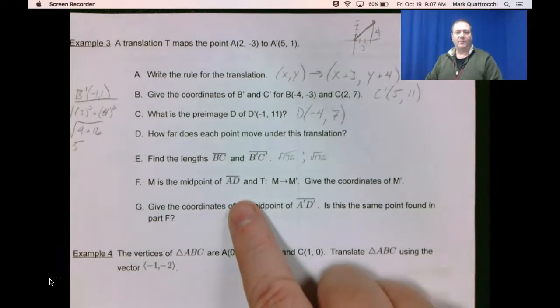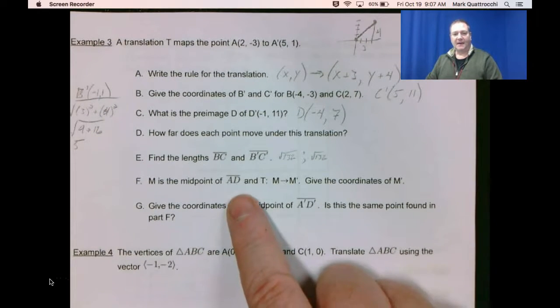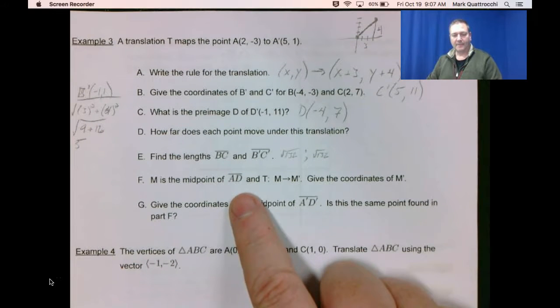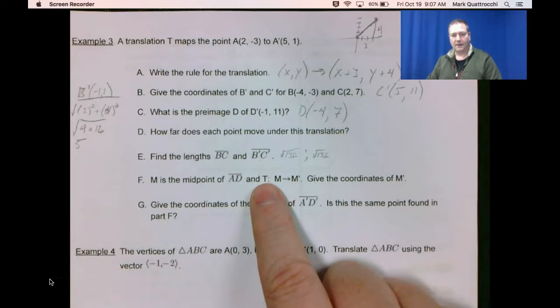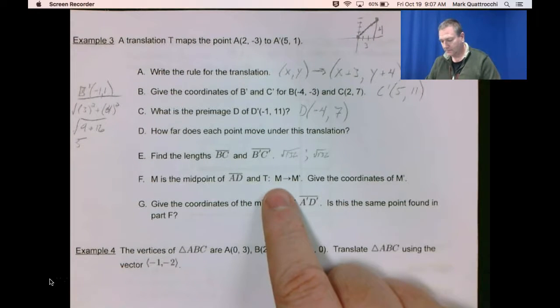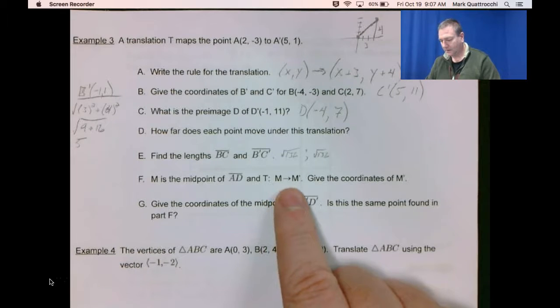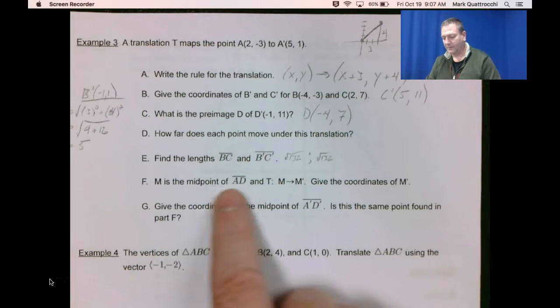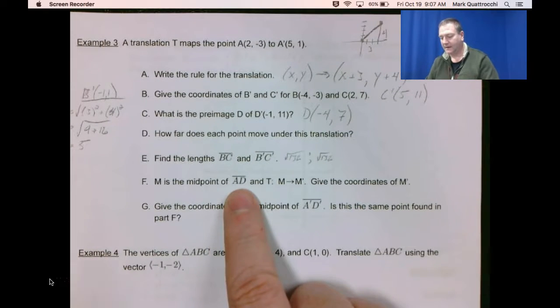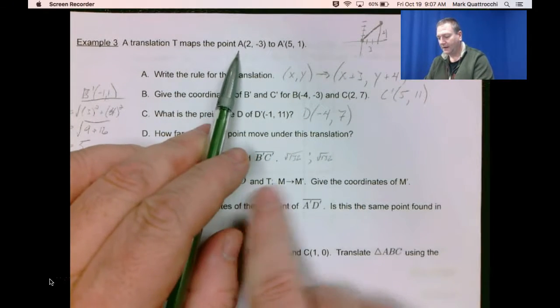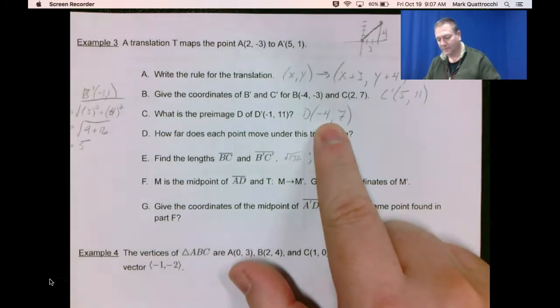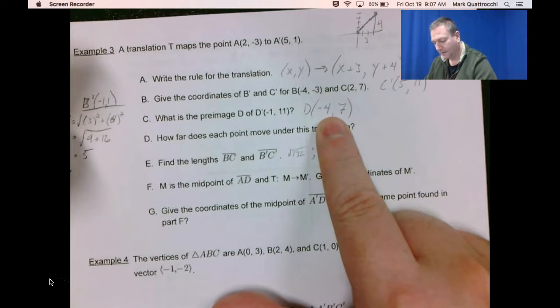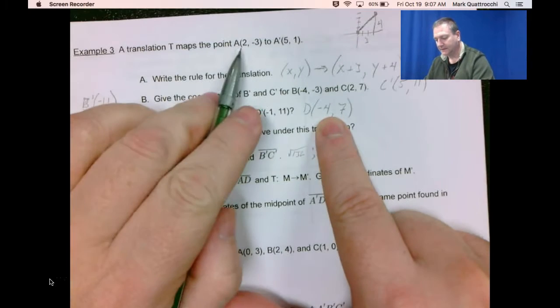All right, find the midpoint of segment AD and T. All right, so M to M prime, give the coordinates of M. All right, so M is the midpoint of segment AD. So here's A, here's D. So midpoint formula is find the average of the x's.